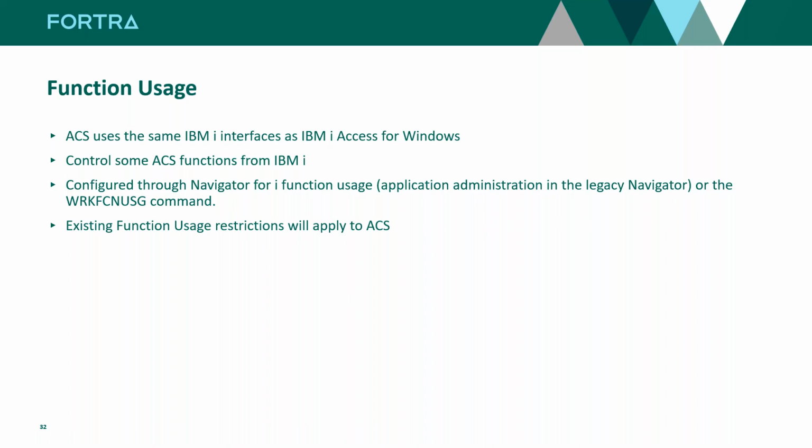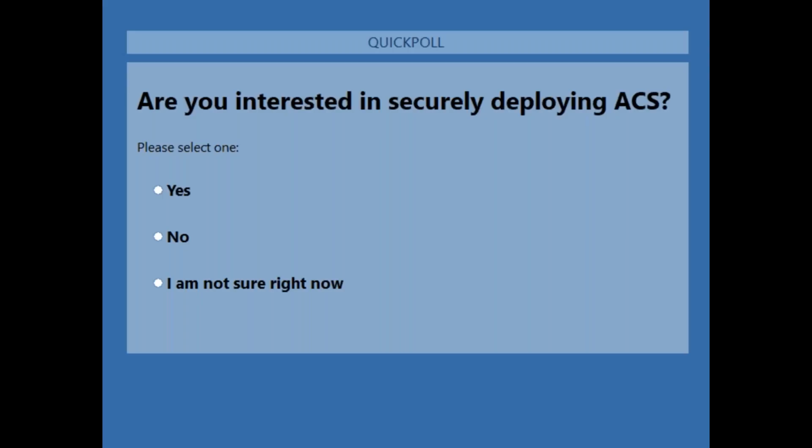So with that, let's launch our last poll that we've got here and see, are you interested in actually changing the way you've deployed ACS? Have you already deployed it securely, and gotten your environment a little bit more managed, I will say.